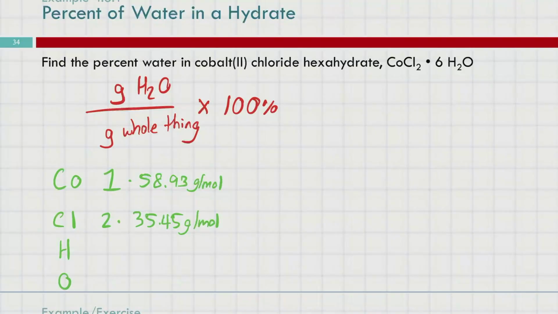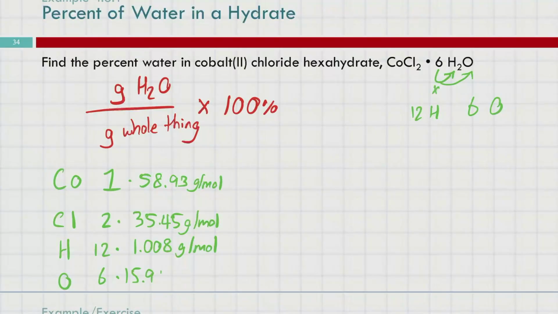How many hydrogens do we have? 12. So 6 times 2, we've got 12 hydrogens. So 12 times 1.008 grams per mole. How many oxygens do we have? 6. So 6 times about 16.